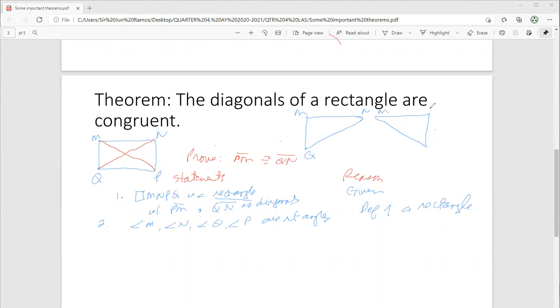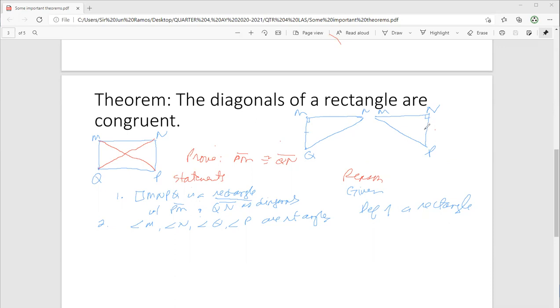So I have here M, N, P. Okay, note that these are the diagonals. Q, N, N, P, M. Now, from this drawing, this is a right angle. This is a right angle. Okay, let's reanalyze this. Since a rectangle is a parallelogram, the opposite sides are already congruent.